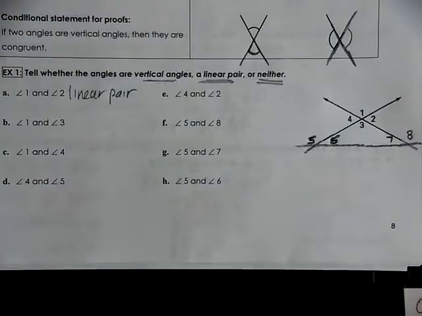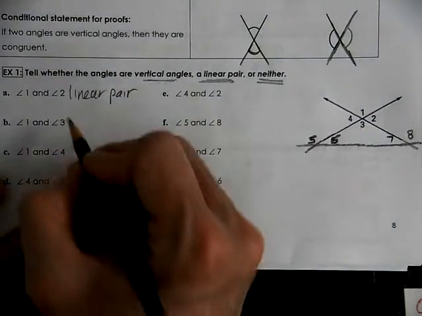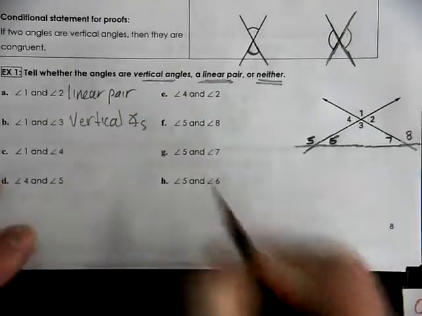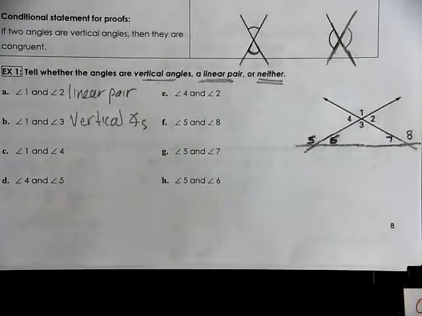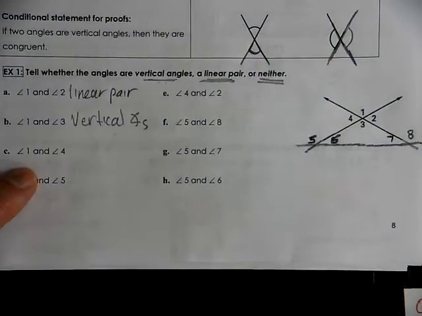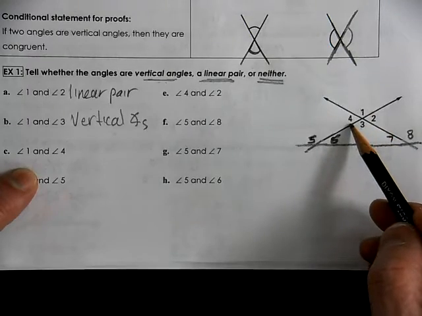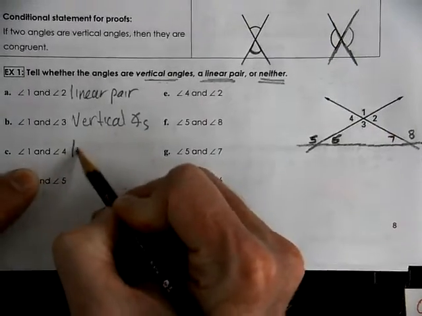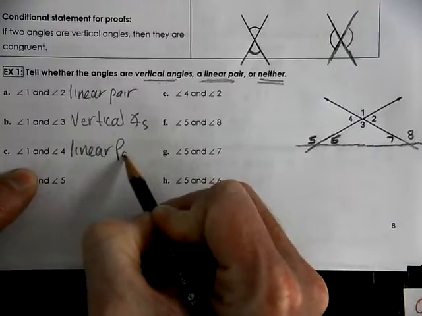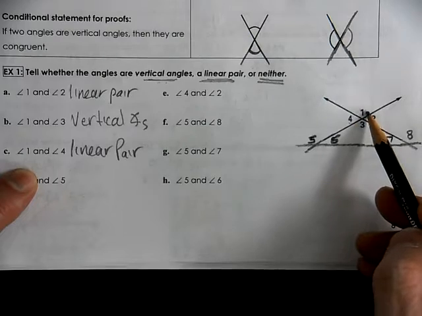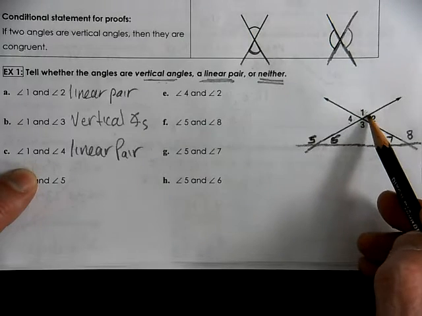So what type of angles are those? Those are vertical angles. How about 1 and 4? Linear pair. They are side by side and they form half of a circle.